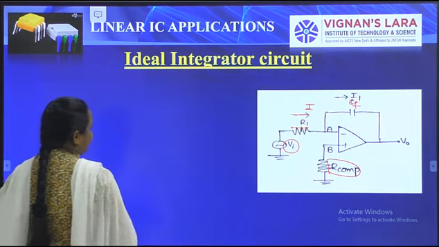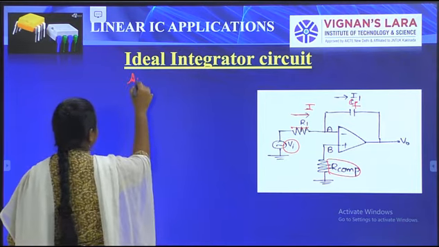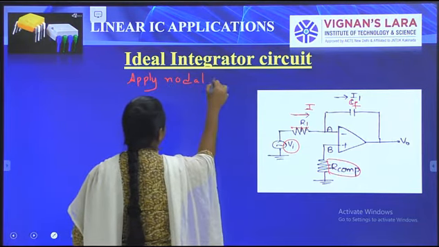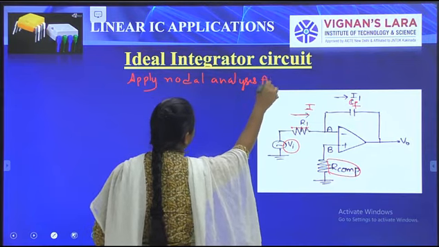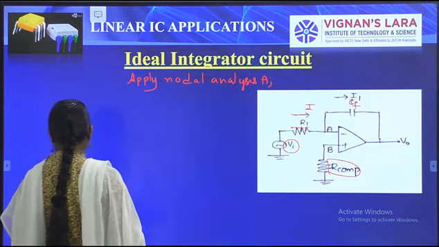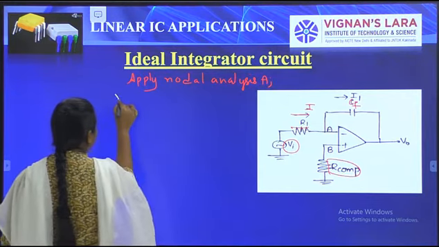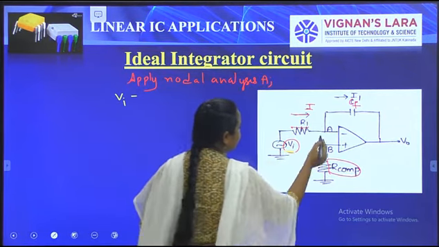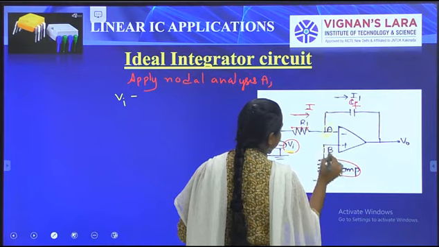Here I am going to apply nodal analysis at node A. The voltage at node A is VA and the voltage at node B is VB.